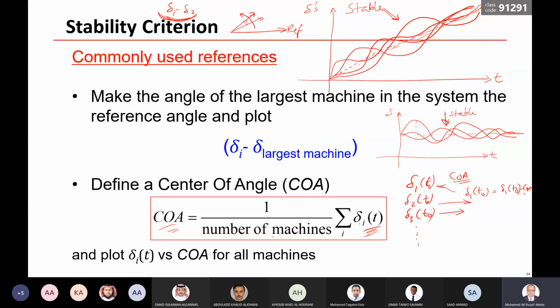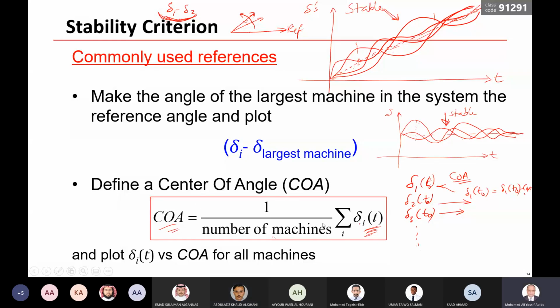This is why for this configuration the system is stable. When you look at this, yes, the angles are increasing with time, but the angle difference is decreasing. Is it clear? Thank you, Doctor. Yes, thanks.